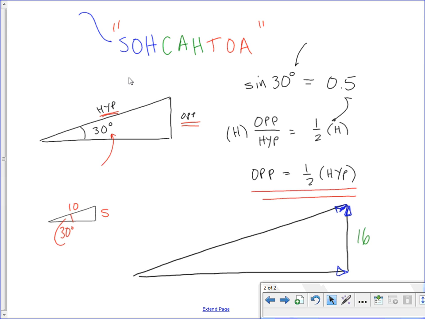Let's say this is a 16-pound force, or a part of a force, what we call a component of a force, that pulls 16 pounds that way. And this is still a 30-degree angle. Well, the question is, how big is the whole force? If this is a 30-degree angle, we know that the hypotenuse has to be twice as long as that upward component. That makes this 32 pounds.